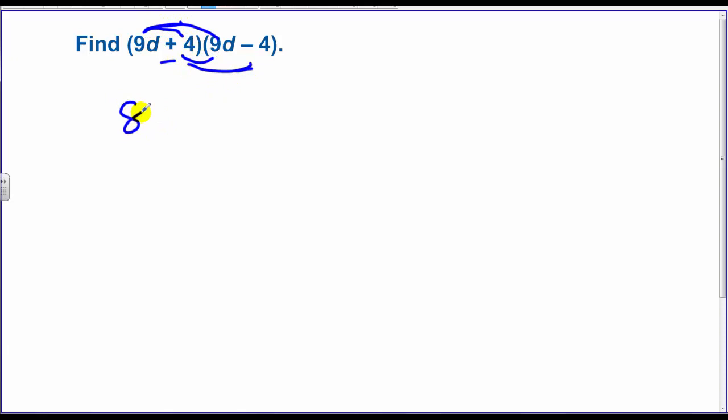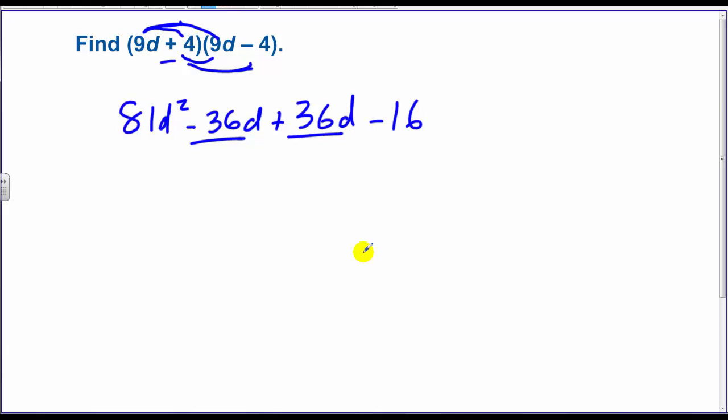And we'll notice we have 81d squared minus 36d plus 36d minus 16. Now you'll notice in this case that these two middle terms are opposites, so they go away, and I'm just left with 81d squared minus 16. And that's what we call a difference of two perfect squares.